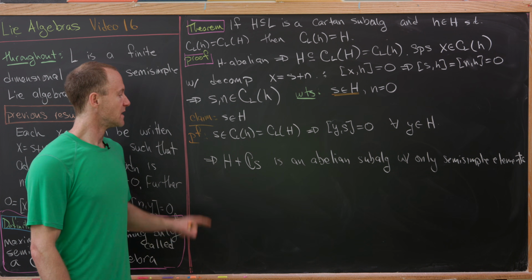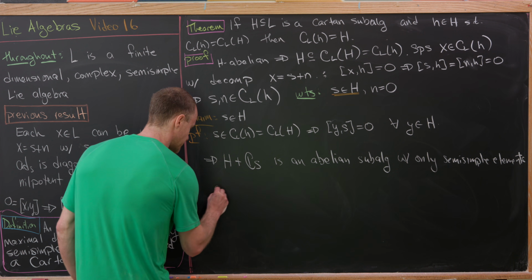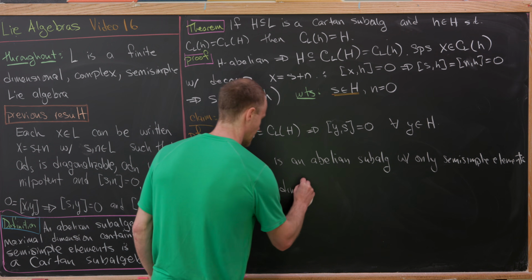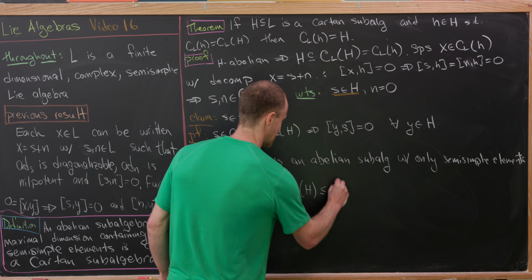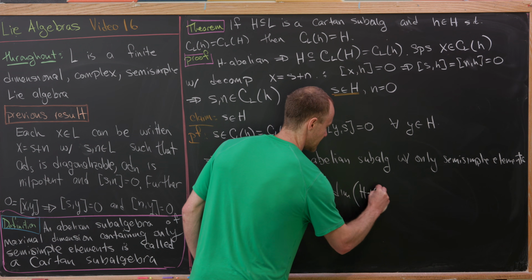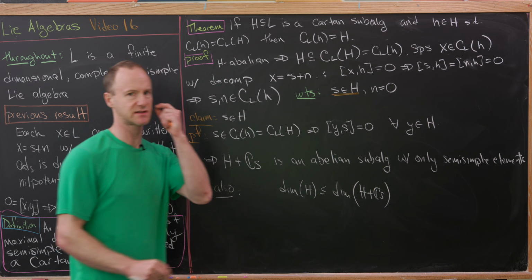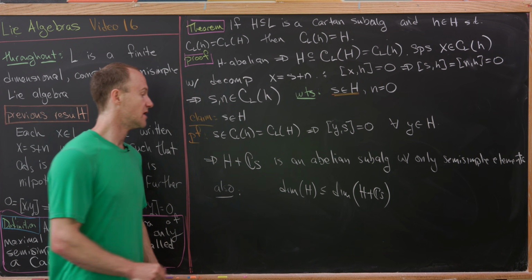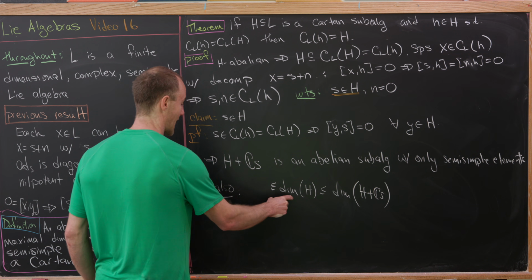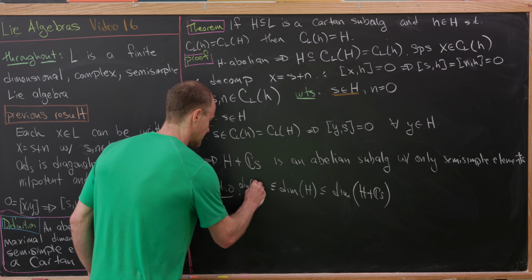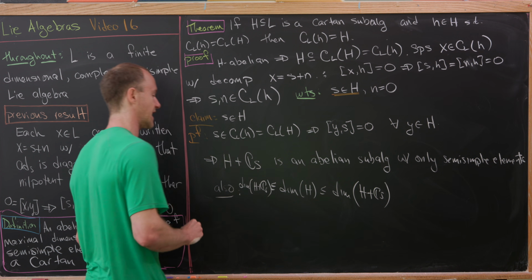semi-simple. But then we also know that the dimension of H is less than or equal to the dimension of H plus CS, because it has, perhaps, one new basis vector S. But then by the maximality, we know that the dimension of H is bigger than or equal to the dimension of H plus CS.